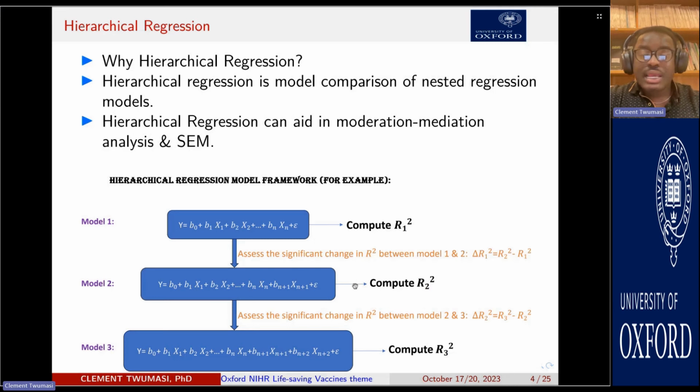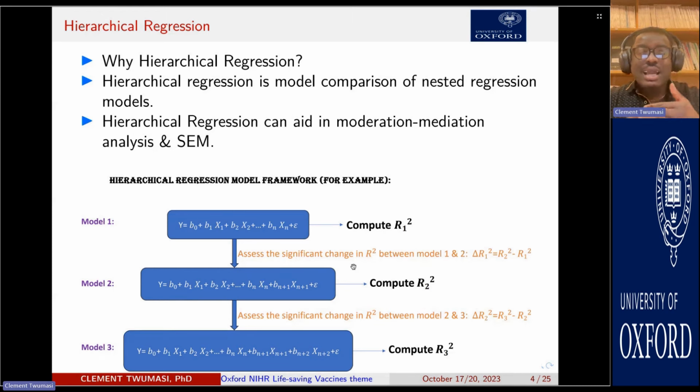So after adding the second variable, we assess whether the change in the R square was significant. And if it was significant, then it tells us that the addition of the second variable improved upon the variability explaining the outcome variable. And then we go on to the next step, where we can add another variable and also assess whether there is a significant change in the R square.